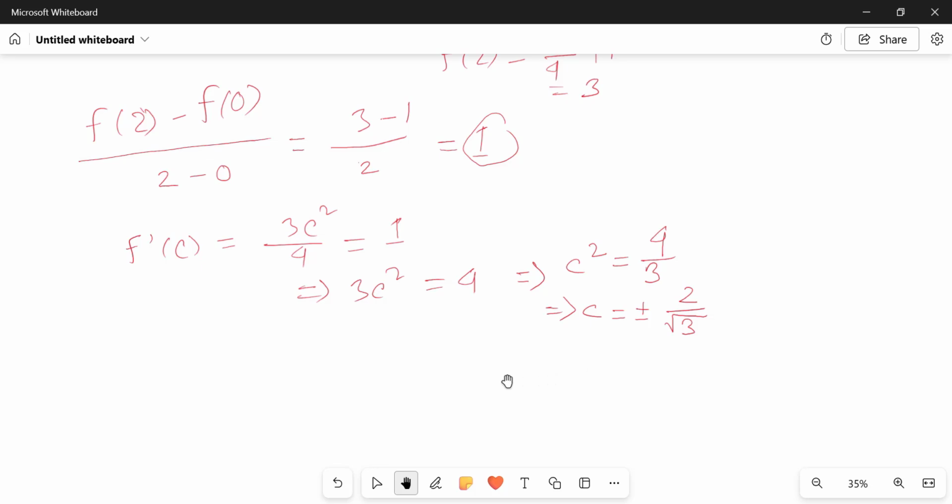So the only c that we get from here is c equals 2 by root 3. This is the c value for which the slope of the tangent line is equal to the slope of the secant line, and both are parallel.